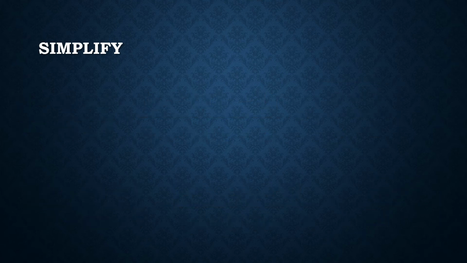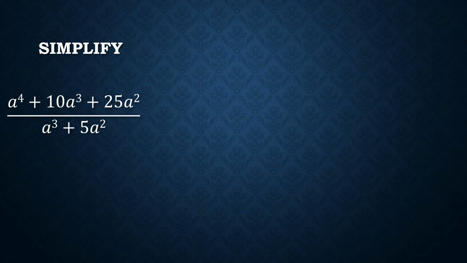For the last set of examples, we have a raised to 4 plus 10a cubed plus 25a squared all over a cubed plus 5a squared. So, ang unang gagawin natin ay we think of a factoring technique na pwedeng gamitin so we can simplify this. Obviously, a is a common variable, so we can take this out.